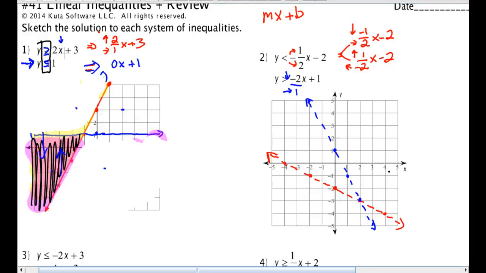Check with mine, see if you got something similar or the same. So where does the shading go here?